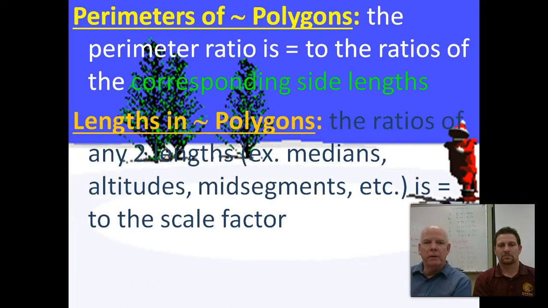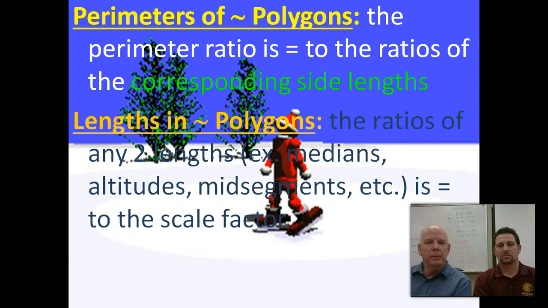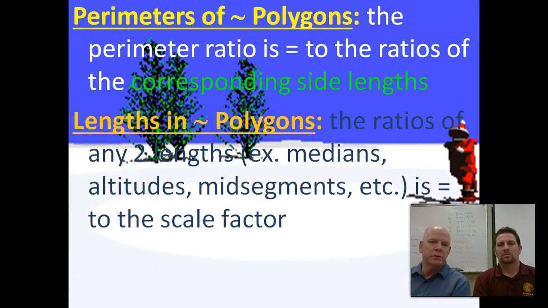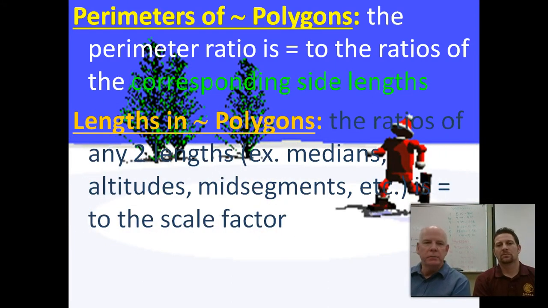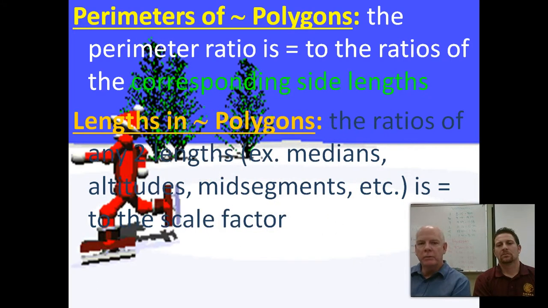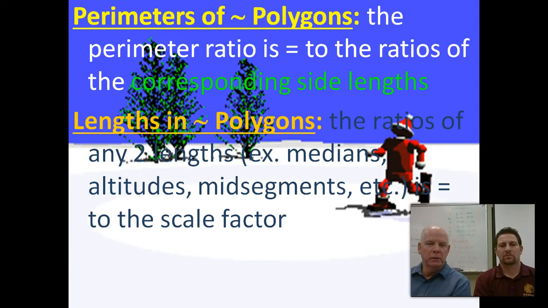The lengths of any other segments within similar polygons will also have that same scale factor. So let's say we were looking at two triangles that had medians or midsegments or whatever. The length of those segments is going to be in the same scale factor as the sides of that triangle.